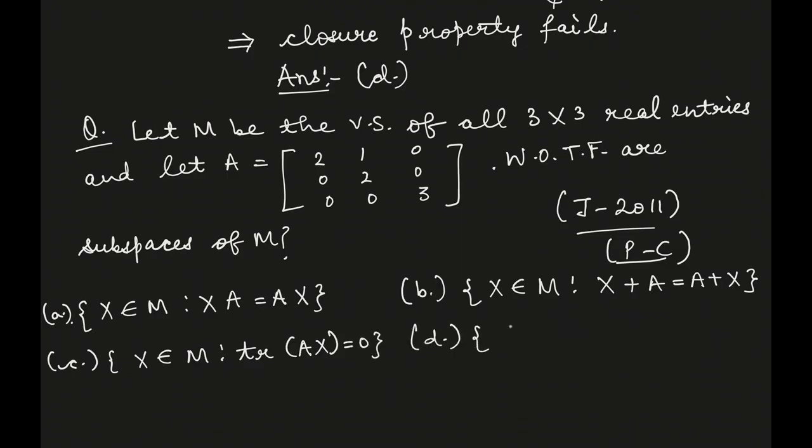D part: X belongs to M such that determinant of AX is equal to 0. Try this question.